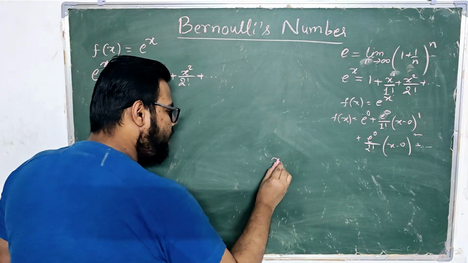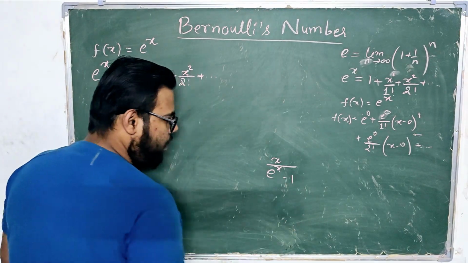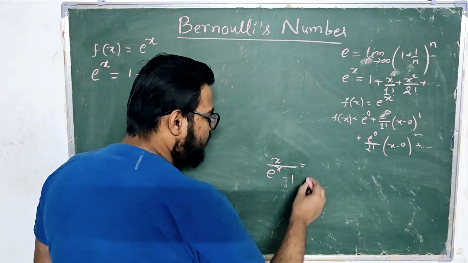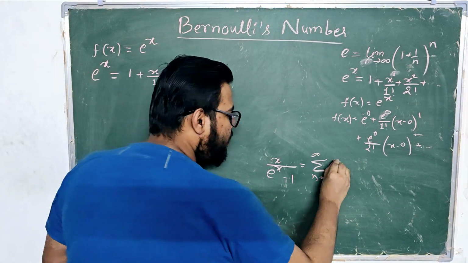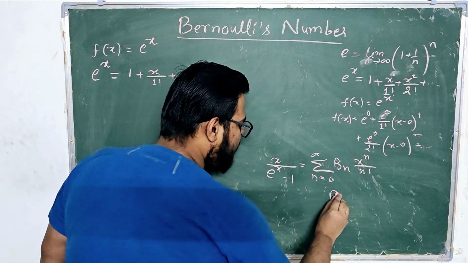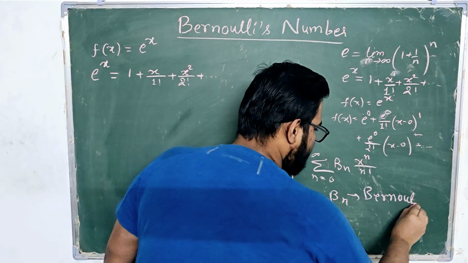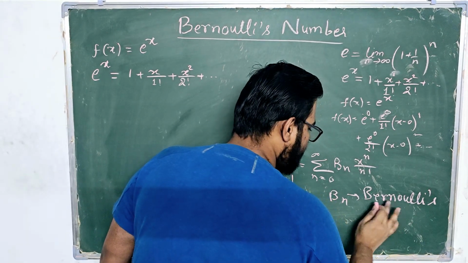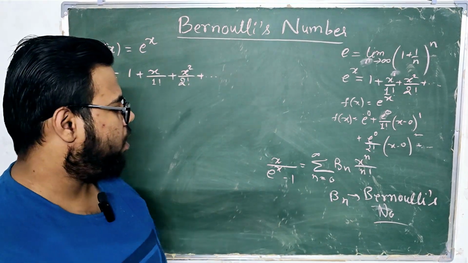Now x divided by e raised to the power x minus 1 is given as the summation from n equal to 0 to infinity of b_n x raised to the power n divided by n factorial, where b_n is the Bernoulli's number. So this is the definition of Bernoulli's number over here.